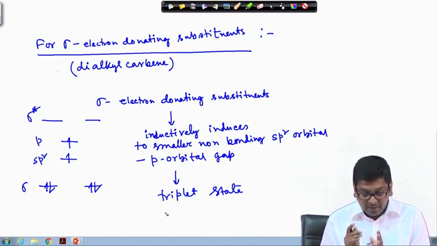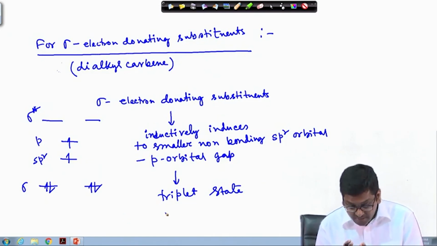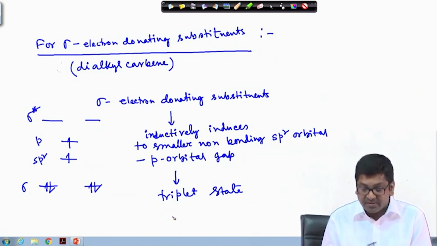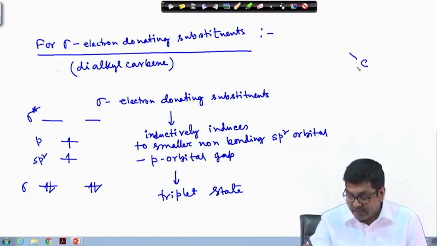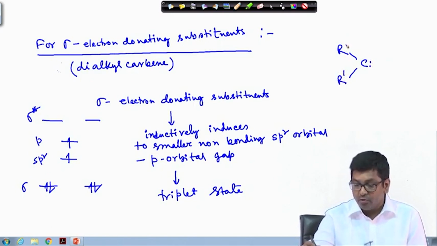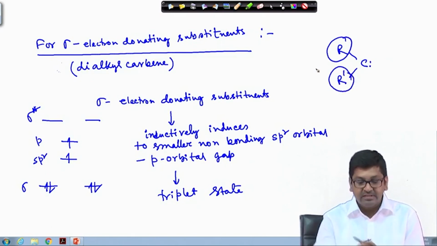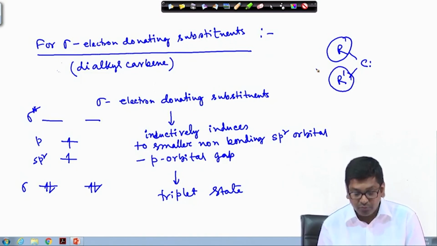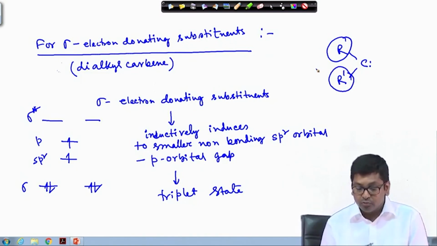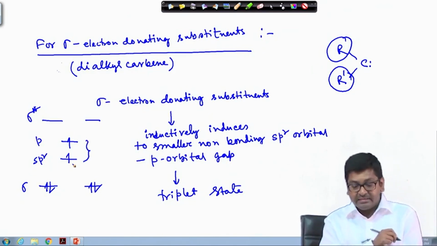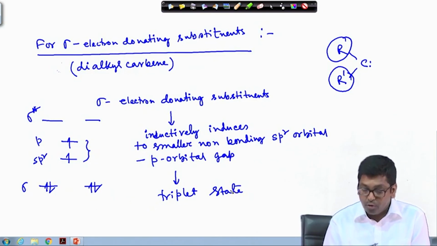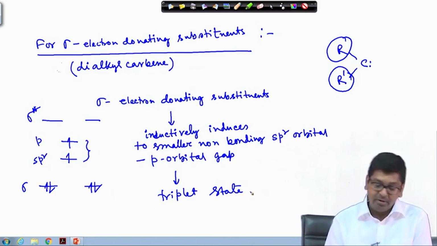Okay. That means, due to the presence of sigma electron donating substituents in the carbene, let us say like this, if these two are sigma electron donating substituents, as for example alkyl groups, they will inductively decrease the gap between the non-bonding sp2 orbital and the p orbital.